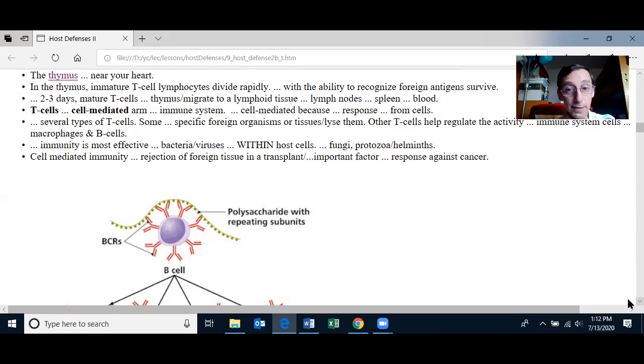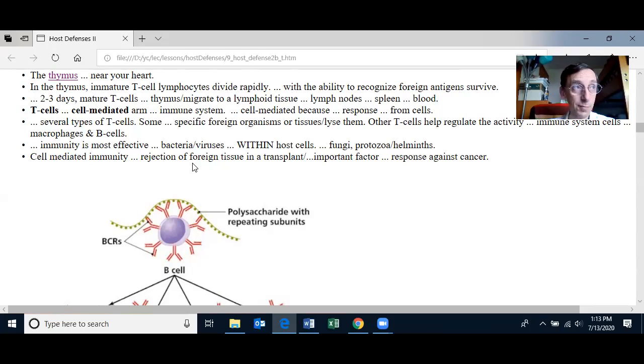And then the T cells, although they can do that, they are much better at recognizing bacteria and viruses that infect and get inside our own host cells. They can attack fungi, protozoa, and helminths, so they can do that. And they can attack bacteria cells that are freely floating in the blood, but they're not good at doing that. They're much better at finding the bacteria when they've infected our host cells.